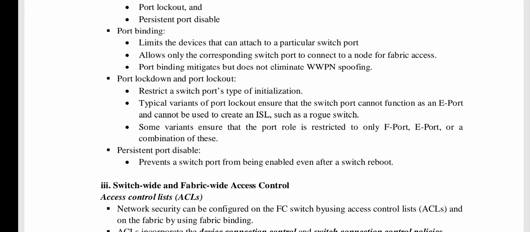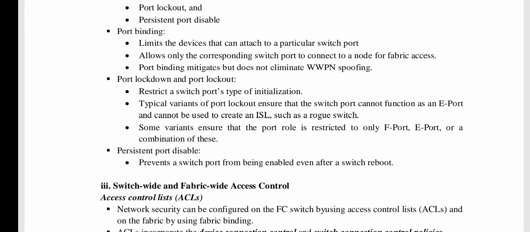Next is port lockdown and port lockout, which restrict the type of ports the switch can initiate. It is a lockdown kind of restriction. Typical variants of port lockout ensure that the switch port cannot function as an E port.